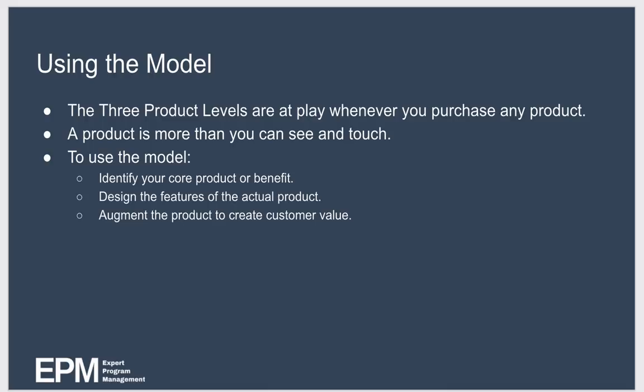Or what problems does the customer have that we can solve? Once you've done that, the next step is to design the features of the actual product. And then the final step is to augment the product to create customer value and make it a success in the marketplace.